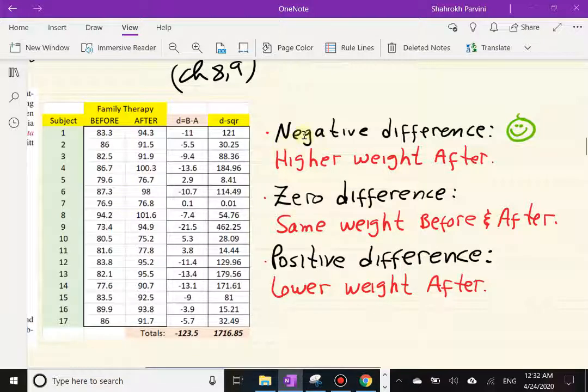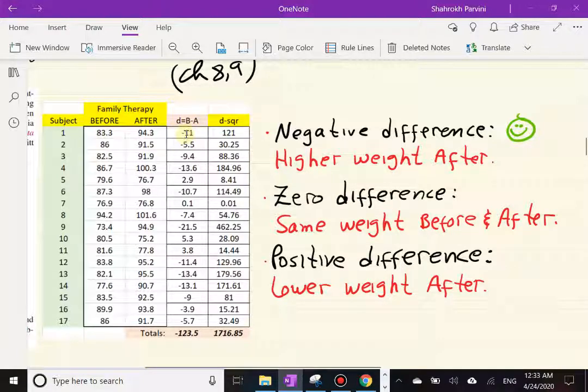So, look at the negative difference. The weight before is less than the weight after. So a negative difference indeed means higher weight after. And I have a smiley face here, right? That's actually an effective treatment, isn't it? So we would like to have differences that are less than 0, don't we?